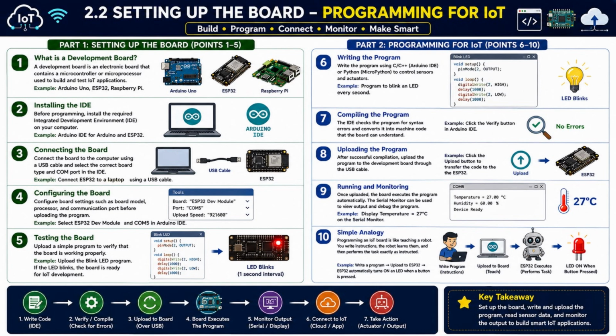Then what we have to do after selecting the time, 1 second, is compile the program. So the IDE software checks the program for syntax errors. If everything is okay, then it will convert it into machine code that the board can understand. Then only the board can understand after converting into machine code.